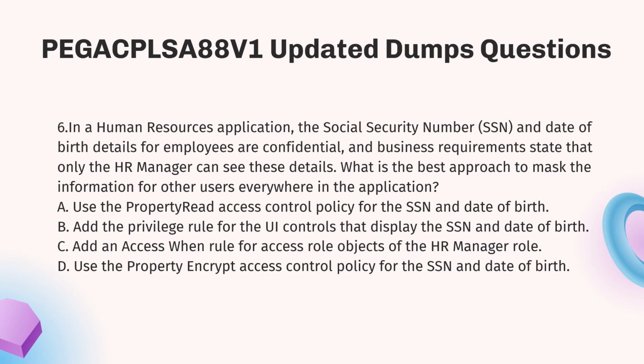A. Use the property read access control policy for the SSN and date of birth. B. Add the privilege rule for the UI controls that display the SSN and date of birth. C. Add an access when rule for access role objects of the HR manager role. D. Use the property encrypt access control policy for the SSN and date of birth.